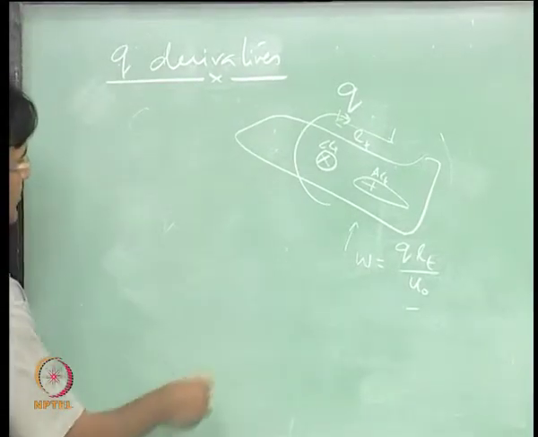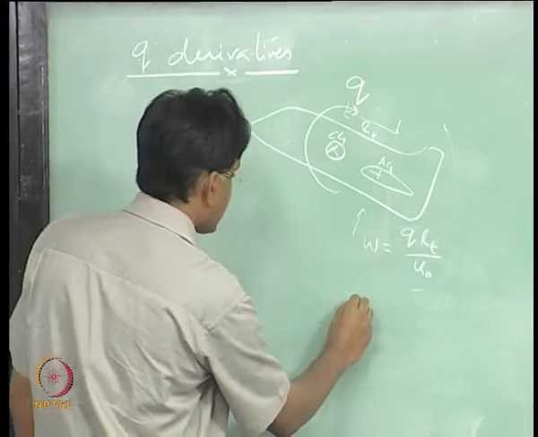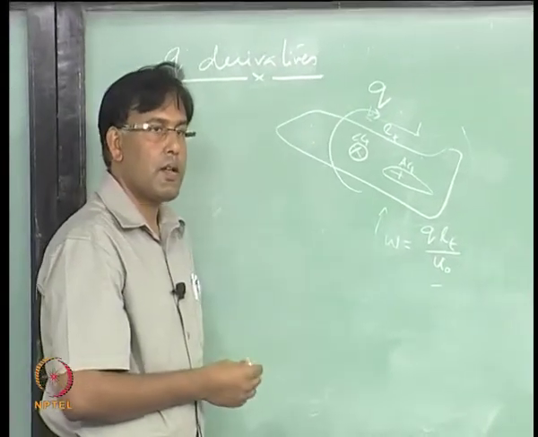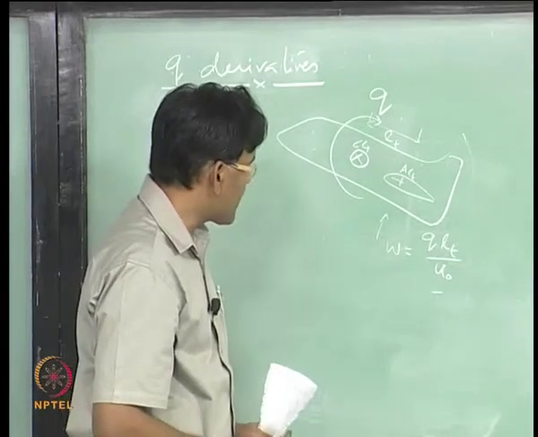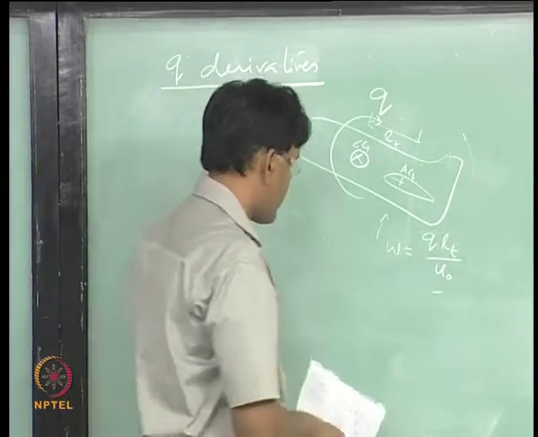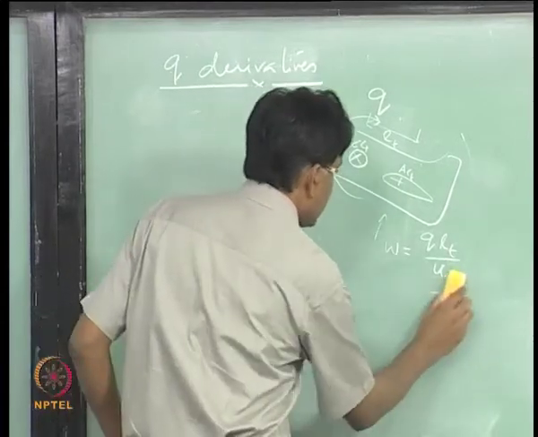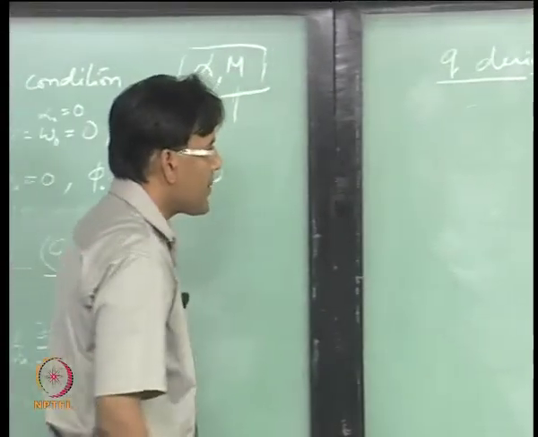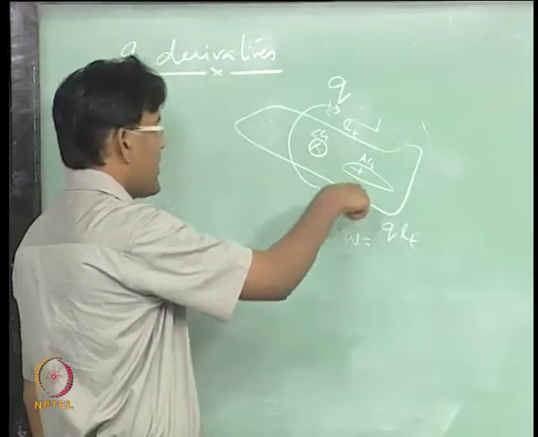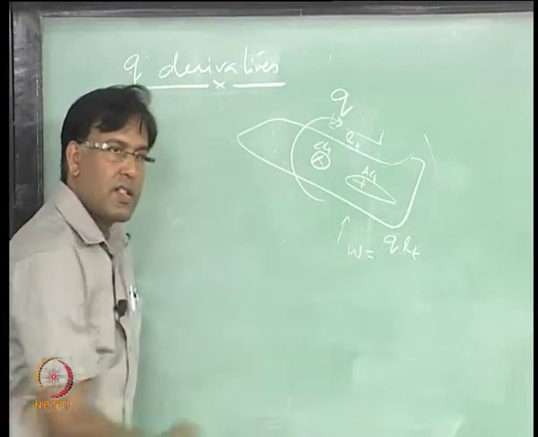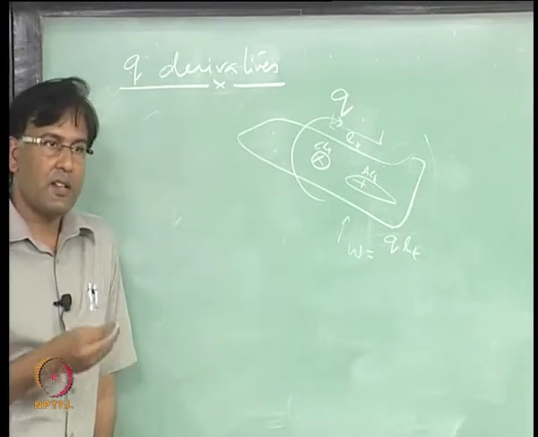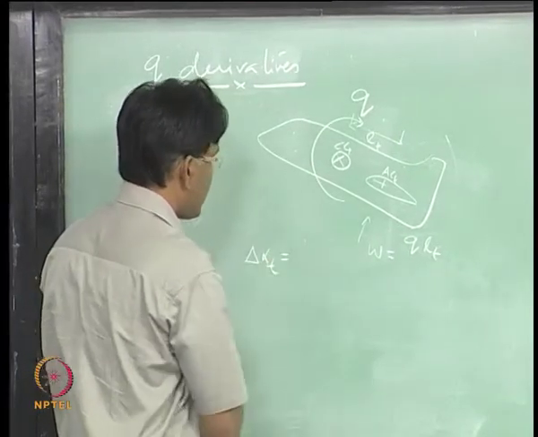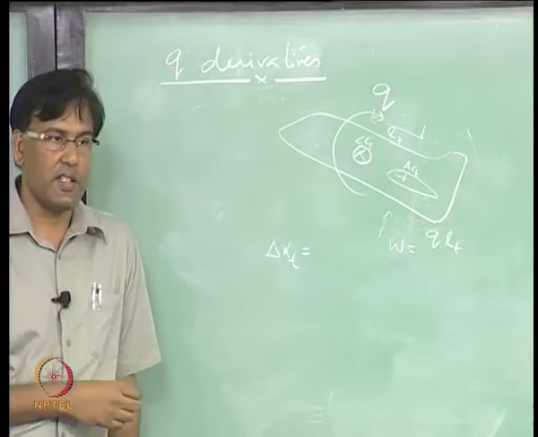Okay. So, what is going to change here because of this W? The angle of attack. The angle of attack at the tail is going to change. It is going to increase, isn't it?